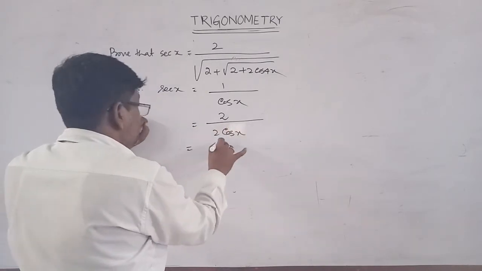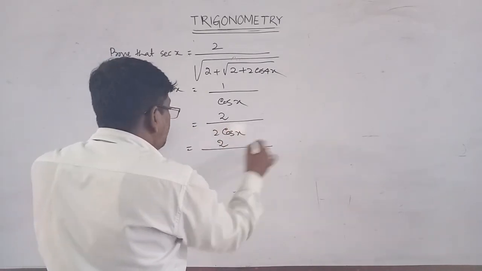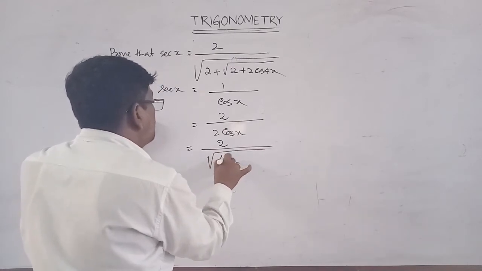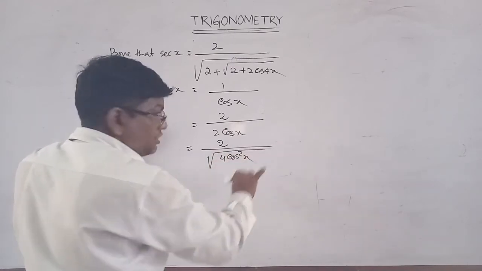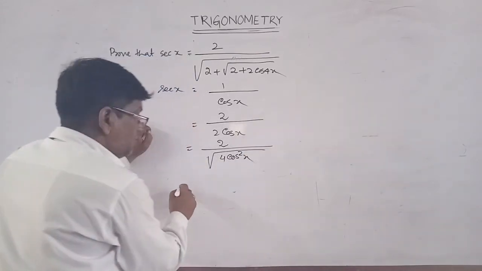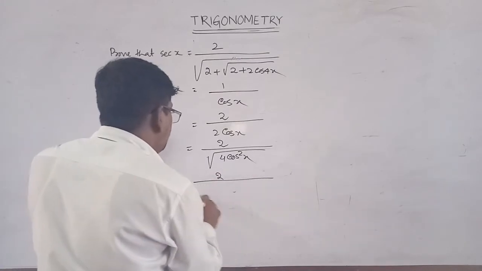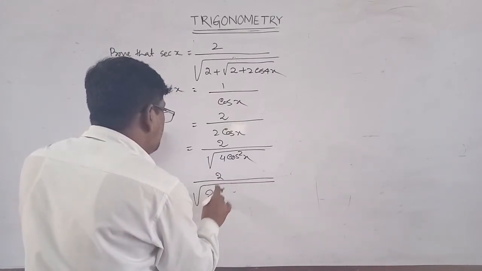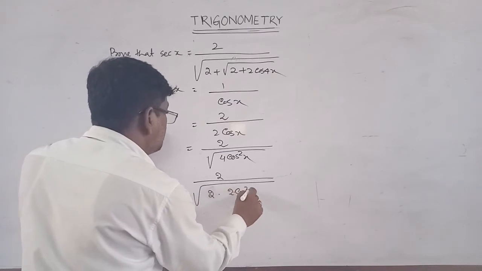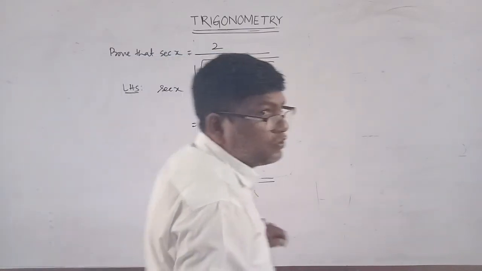Also we can write that as 2 by square root of 4 cos square x. Again we can write 2 divided by square root of 2 into 2 cos square x. What is the formula for 2 cos square x?